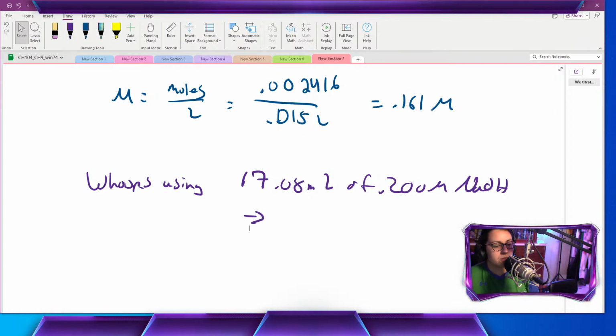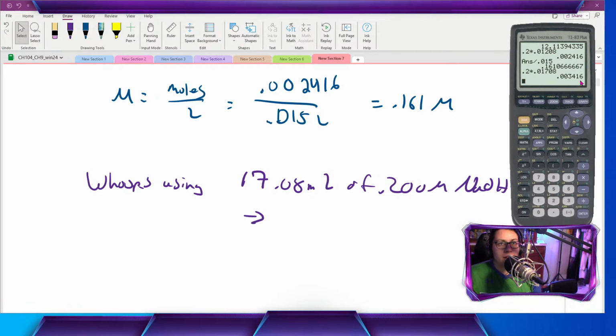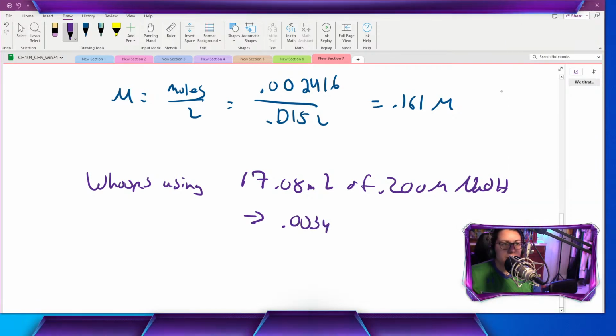Redo that, plug in the math, and now we get 0.003416 moles of sodium hydroxide, which is the same of HCl.